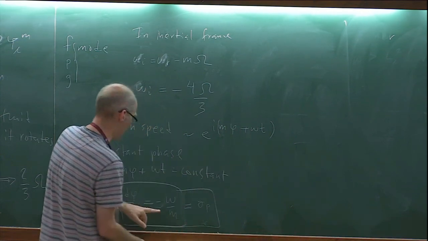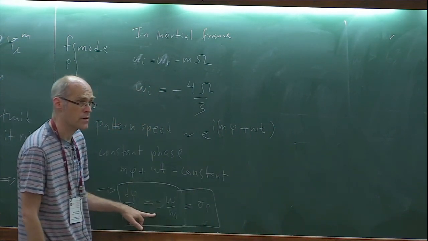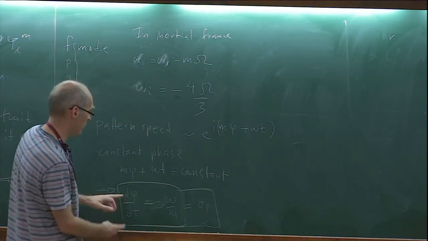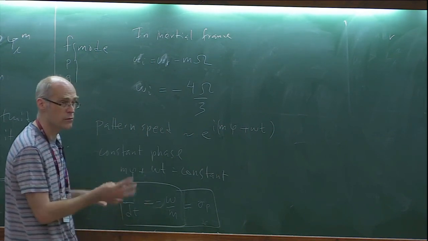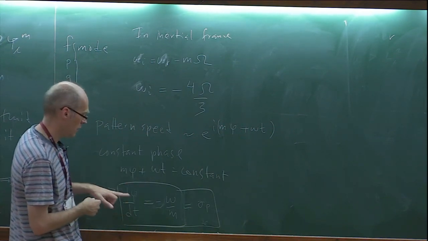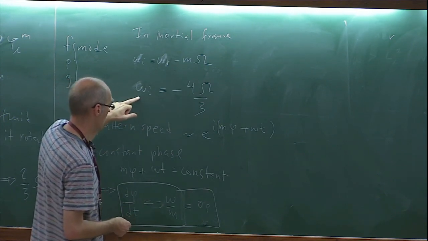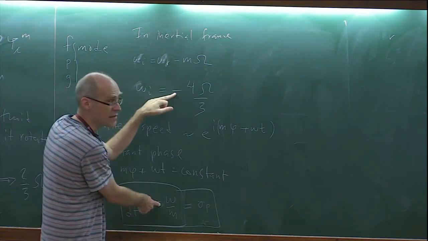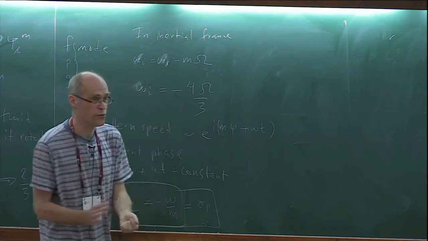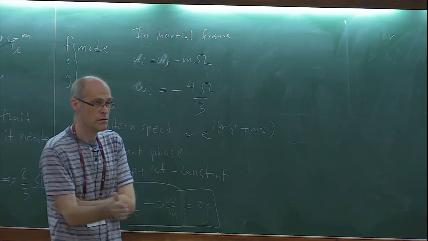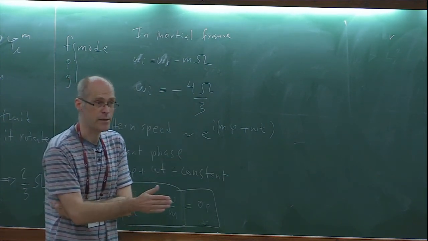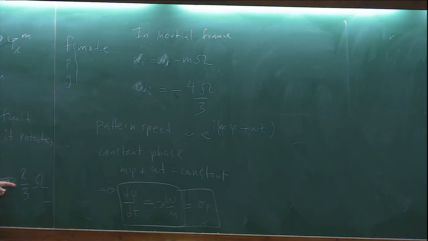So this is called the pattern speed. Okay? And it tells us how this phase moves with respect to the star. Now if we go back here, we're saying, what have we learned? Well, we learned that this guy has a minus sign here, there's a minus sign there. So this guy, in fact, moves forward, right, in the inertial frame, but it moves backwards in the rotating frame.